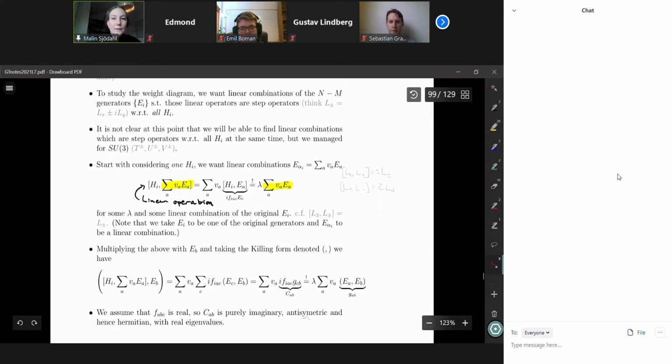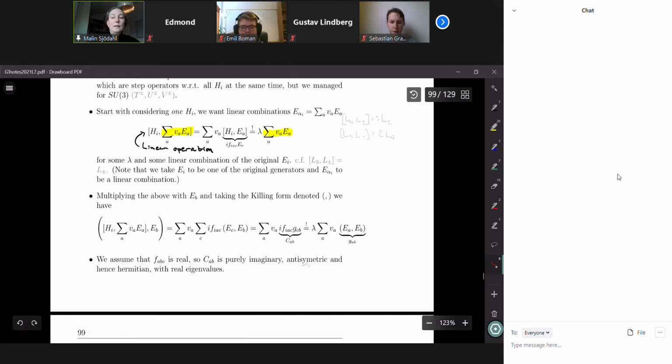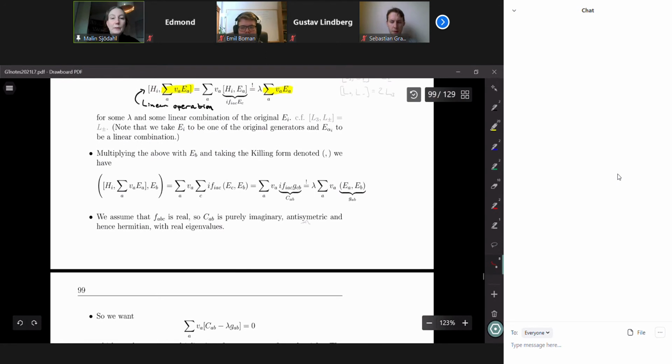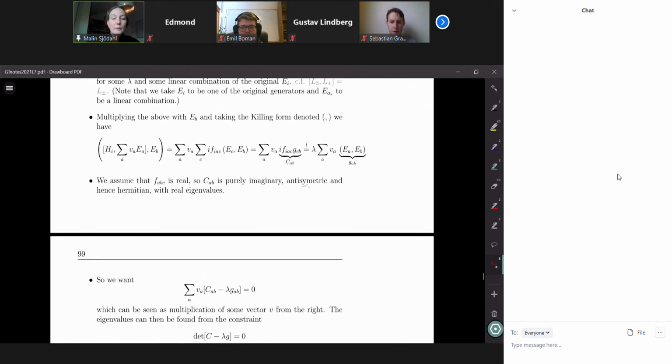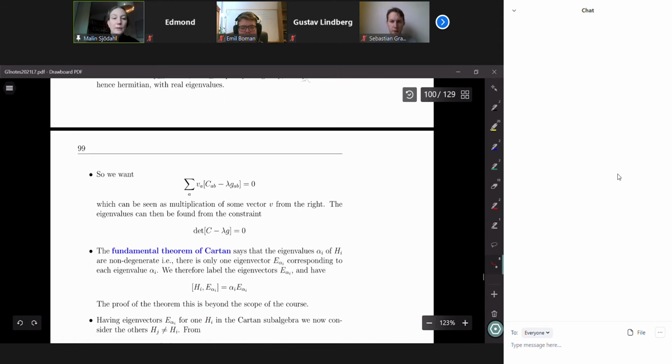So this has the form of a commutator here, but it is a linear operator, so we can view it as a matrix if we want. And then we wrote down some constraints on that matrix.